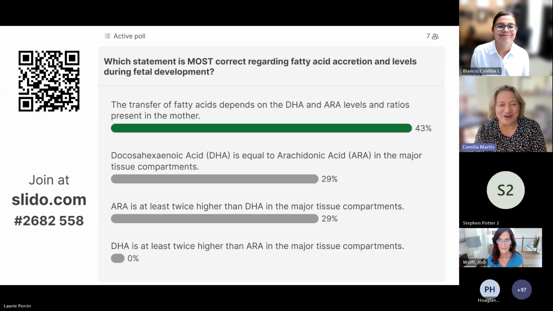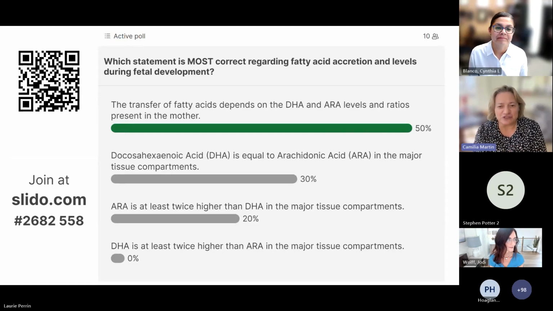We're going to start off really actively here. We're going to start with some questions, and then follow with the response, what we think would be the best answer, and the supporting evidence for that answer. First question: which statement is most correct regarding fatty acid accretion and levels during fetal development? The transfer of fatty acid depends on the DHA and ARA levels and ratios present in the mother.